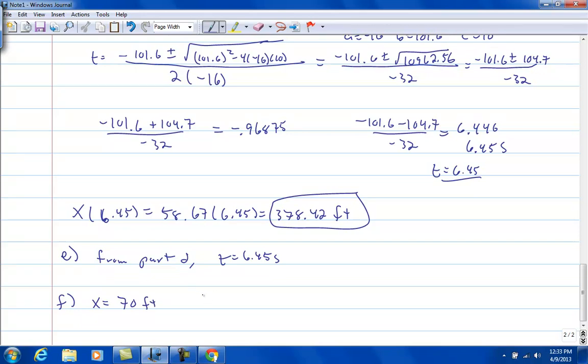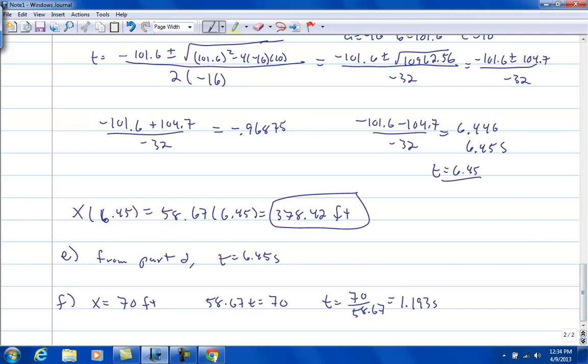That would be 58.67t equals 70. So t would be 70 over 58.67, which would be 1.193 seconds.